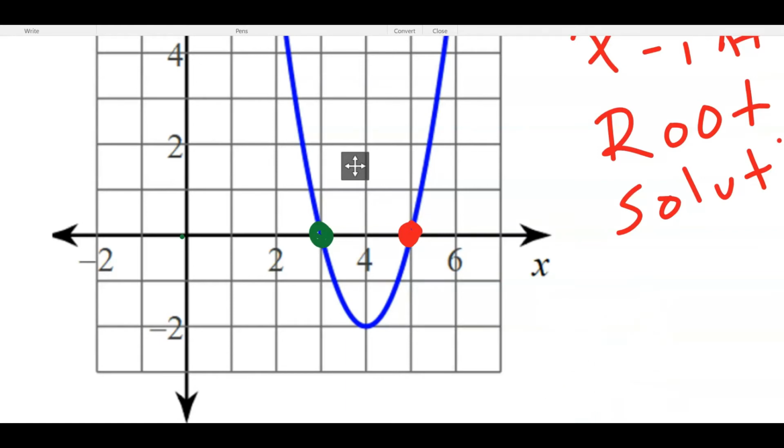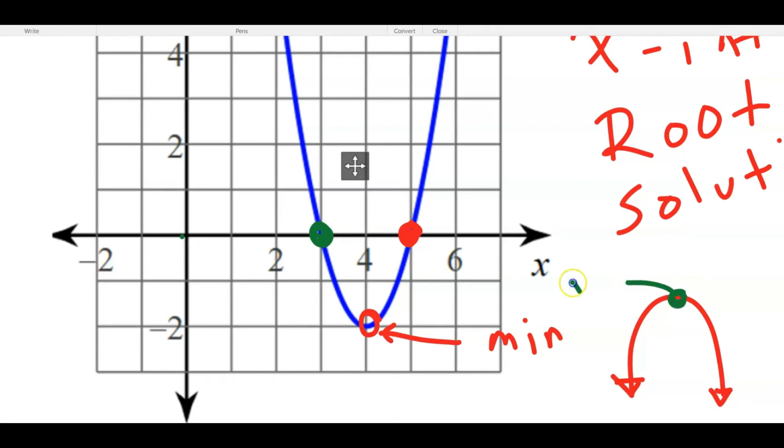Now we talked about this vertex here being a minimum. You want to understand when you're dealing with a parabola, if it opens up like this, it's a minimum. If you had a parabola that was opening the other direction, opening down, we would say that the highest point up here, the vertex, is actually the maximum.